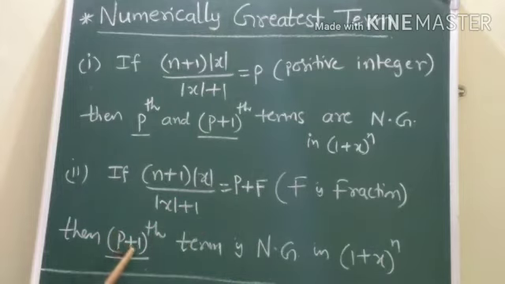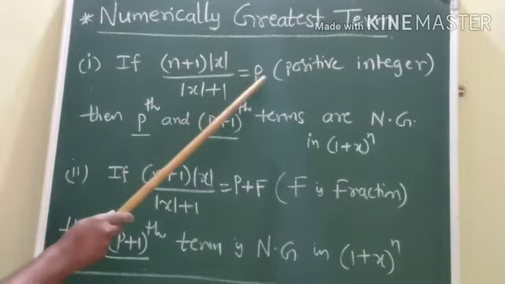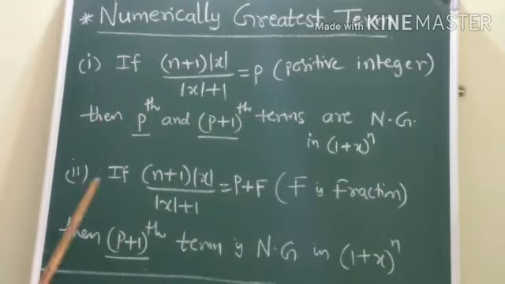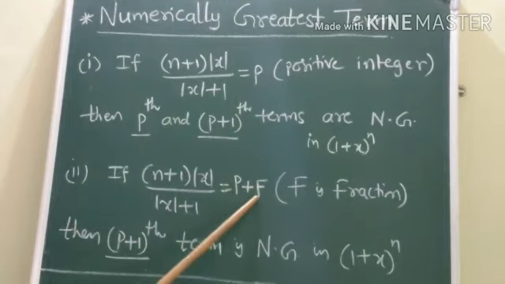That means only one term is numerically greatest in (1 + x)^n. If it is a positive integer p, two terms are numerically greatest. If it is of the form p + f, that is positive integer plus fraction, it has only one numerically greatest term.